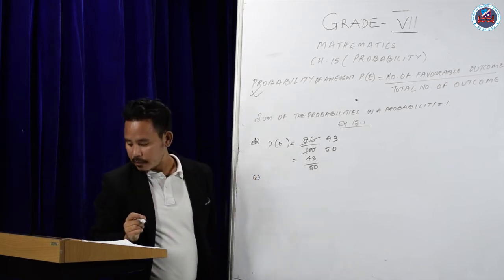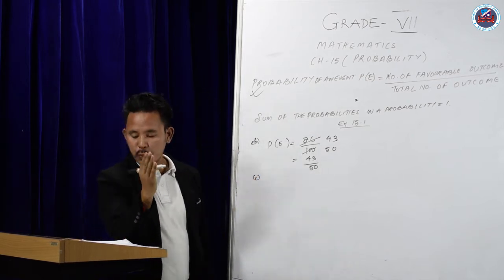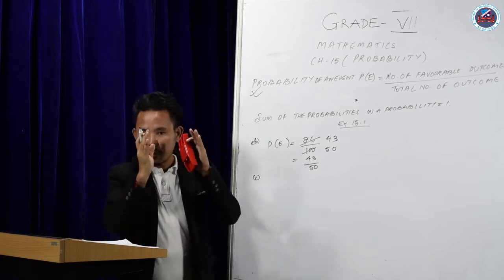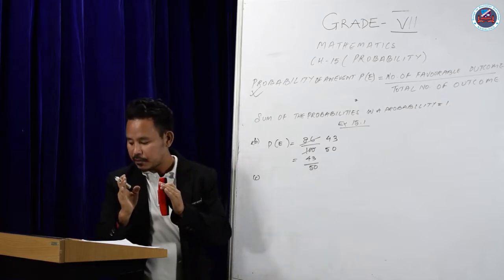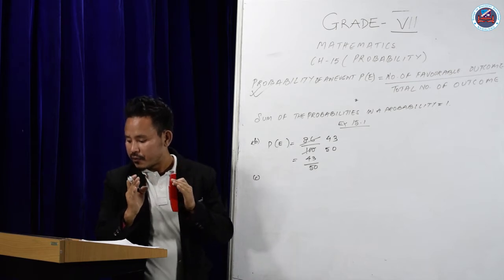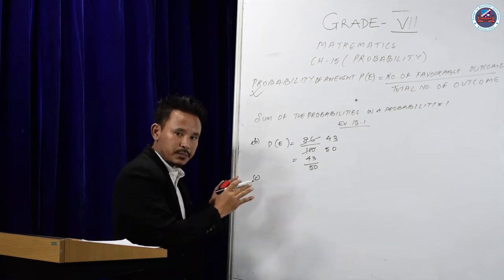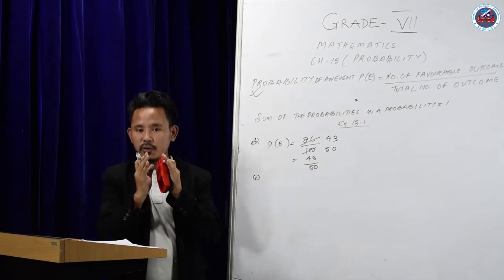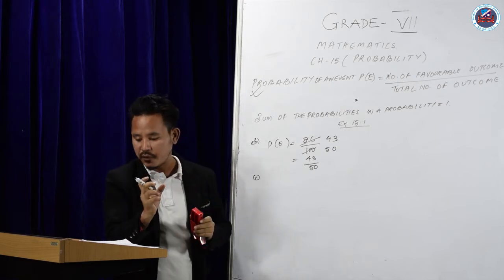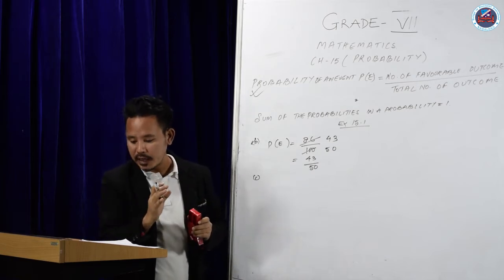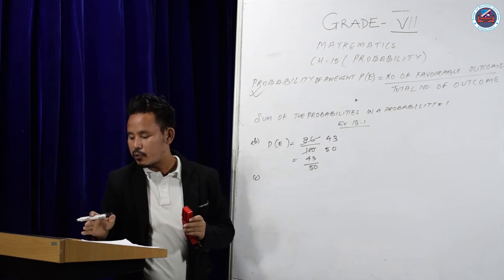Number C says, not in the 21 to 35 age group. When you look at the slots given there, under 21, 21 to 35, 36 to 55, over 55, for this particular question we will not touch the slot that comes under 21 to 35. The rest we will add up together, that means 12 plus 32 plus 14.